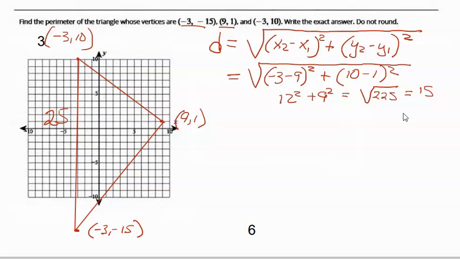And then this is 10 minus 1, which is 9, that I square, which is 81. 144 plus 81 is 225, and that's a perfect square. So this side then is going to be 15.